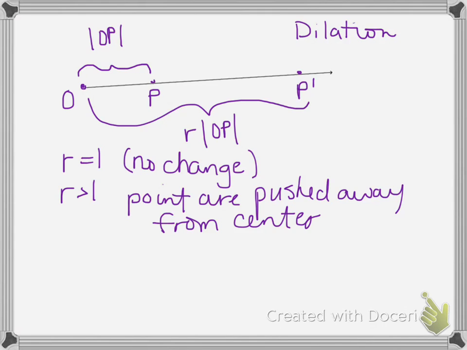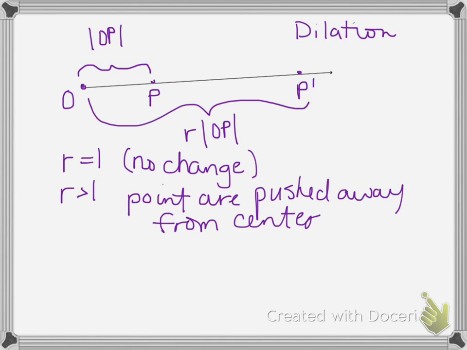In this diagram, here's our point P, here's the dilation of P. It's pushed further away from the center if R is greater than 1, so it'd be a number like 2 or 3. This looks like about 3. The distance to the image is about triple the distance from the original point.